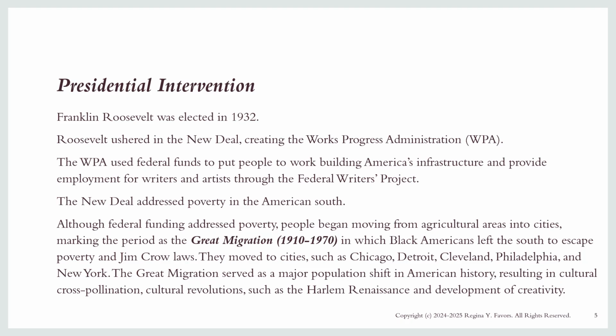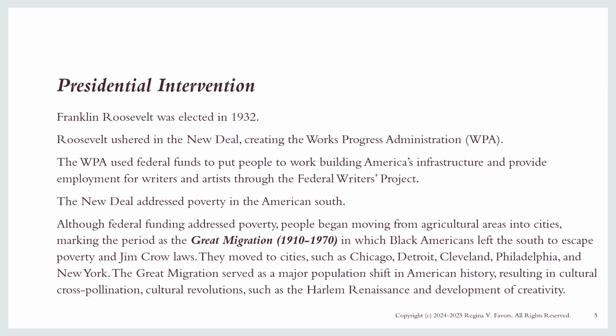Franklin Roosevelt was elected in 1932. He ushered in the New Deal, creating the Works Progress Administration, which used federal funds to put people to work, building America's infrastructure and providing employment for writers and artists through the Federal Writers Project. It also addressed poverty in the American South.